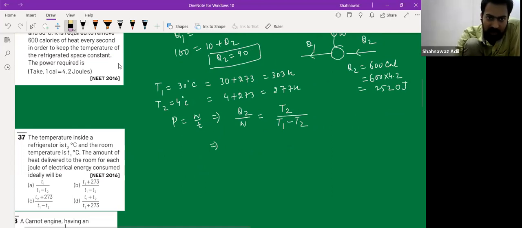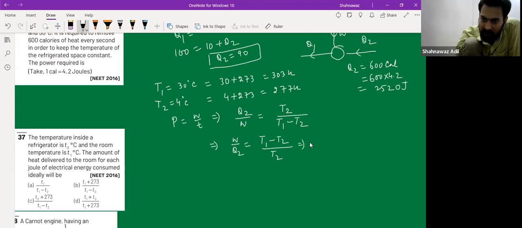W by Q2 would be T1 minus T2 by T2. So W would be T1 by T2 minus 1, times Q2.